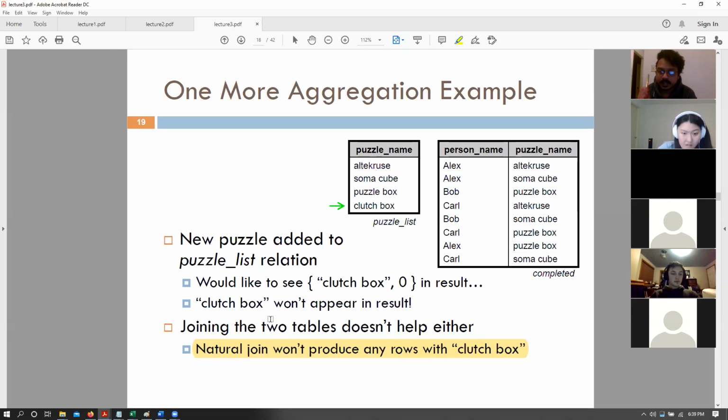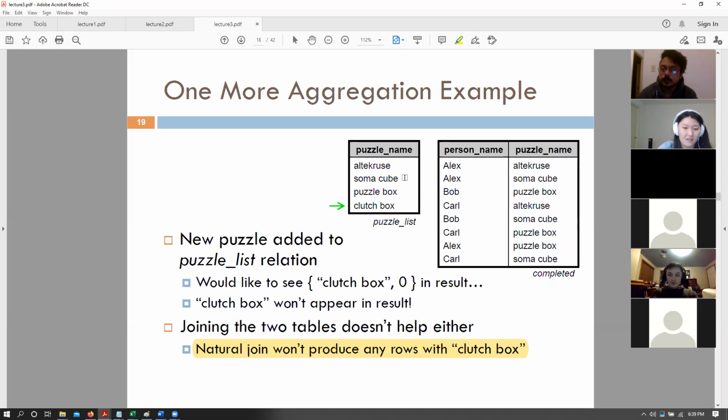So for that, we would have required an entry for Clutch Box to be solved by at least one person to be in the completed list. We just can't have null Clutch Box. We can, but we would hope we should not want something like that. So essentially what we want is Altecrews, Soma Cube, Puzzle Box, but also Clutch Box 0. So how can we do that?